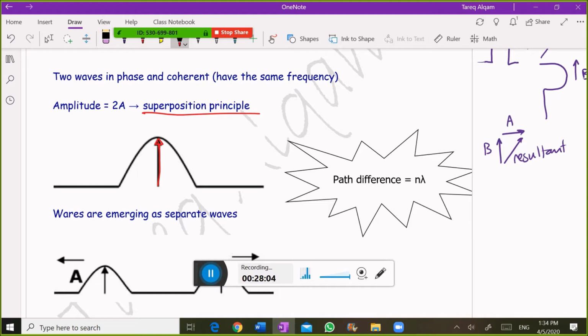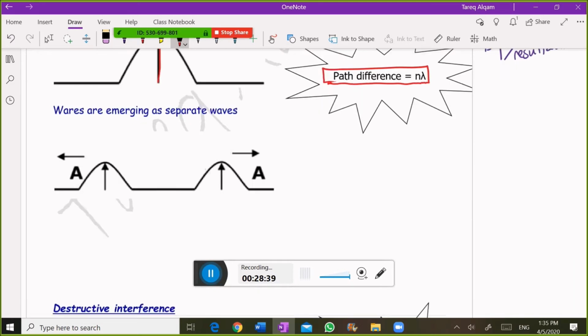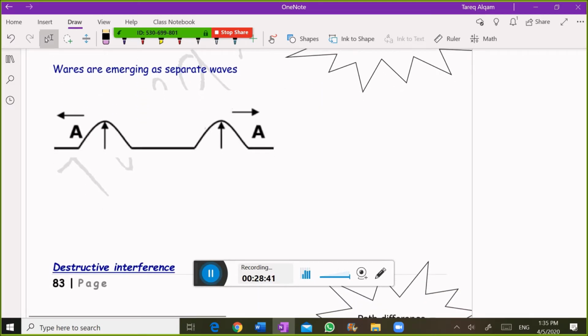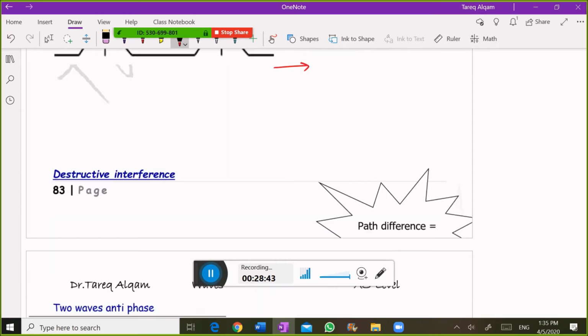After a while, each wave will continue in its position. The superposition principle gives us that the resultant amplitude is 2a. The condition for constructive interference is that the path difference should be n lambda: 1 lambda, 2 lambda, 3 lambda. Like what we saw before, after a while they continue in their positions.